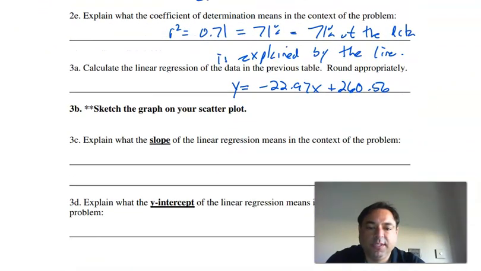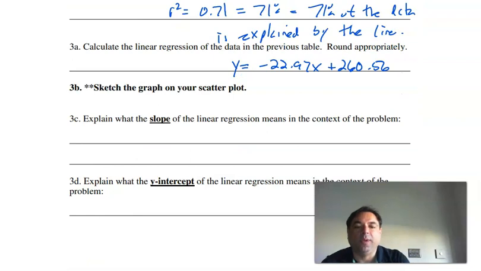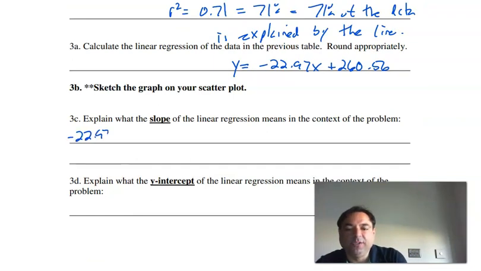Next question, explain the slope. So remember, when you explain slope, the slope is the number in front of x, negative 22.97 over 1. Slope is always output over input. Output is the heart disease death rate and the input is the wine consumption.